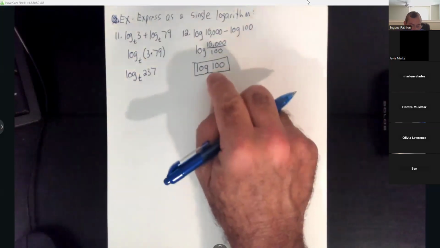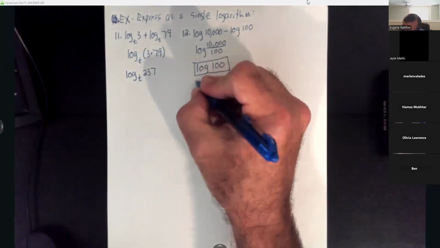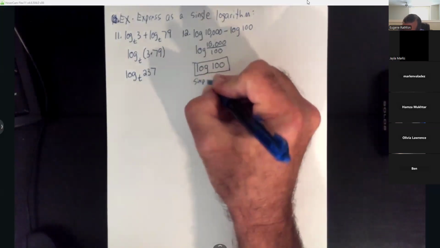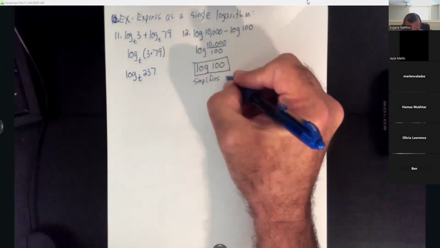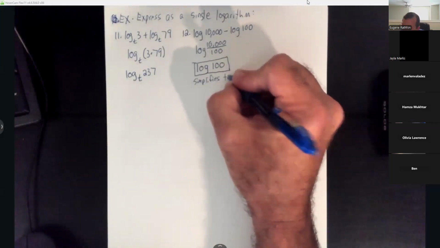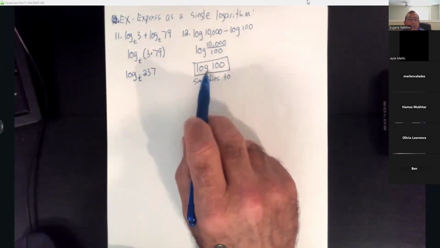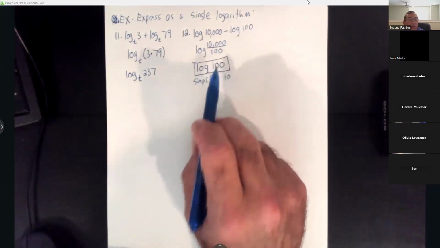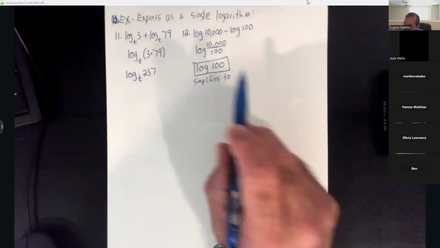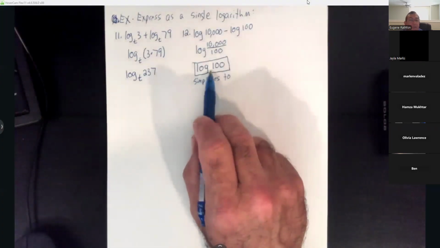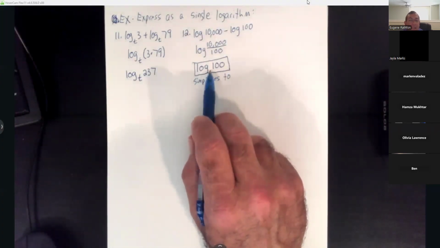But then Math Lab says, well, hey, this simplifies to what? So y'all, what is this? Log of 100. Y'all got a button right on that calculator that'll solve that. But remember, there's not a base here, so the base is automatically a 10.